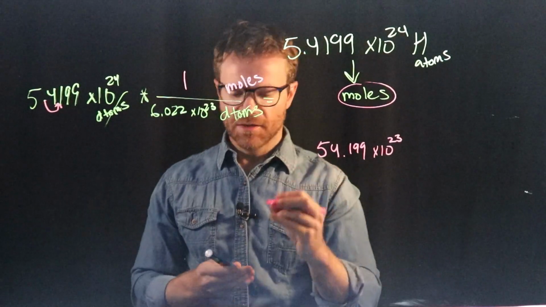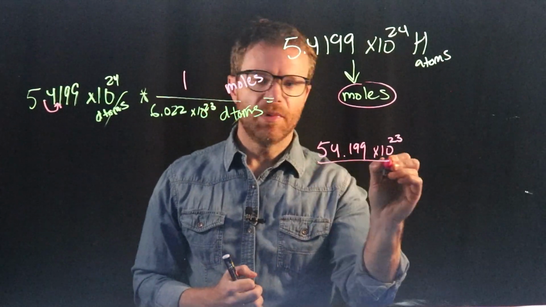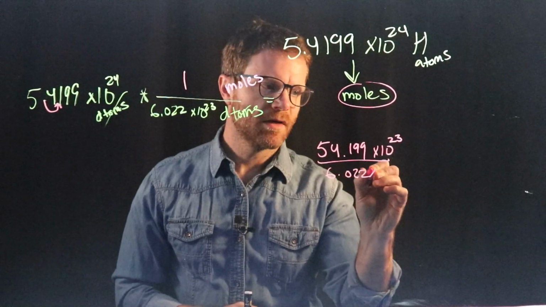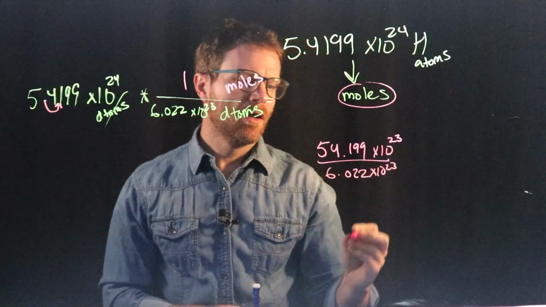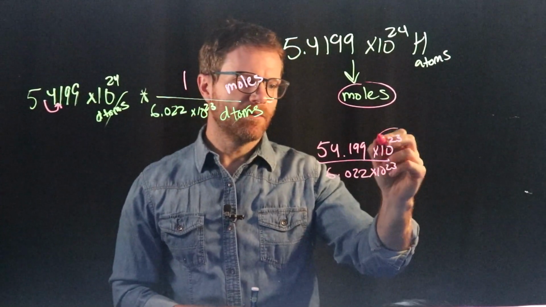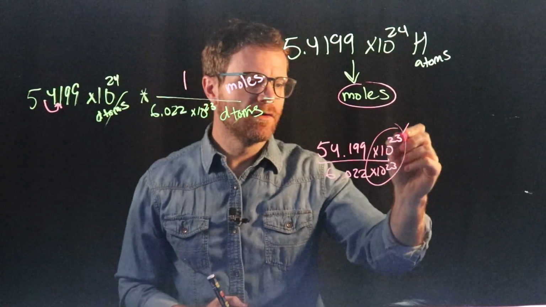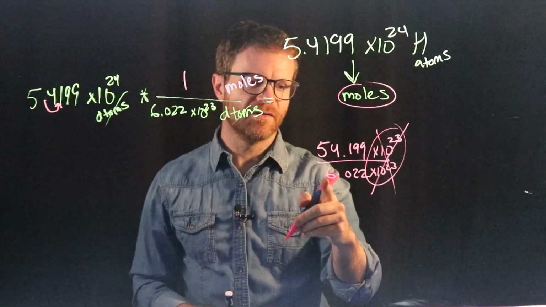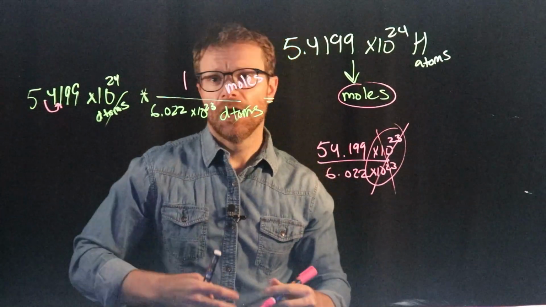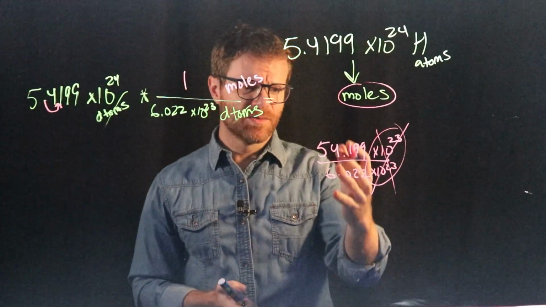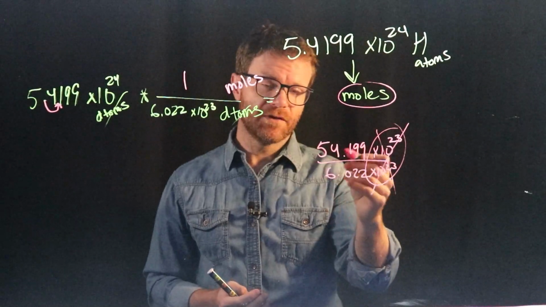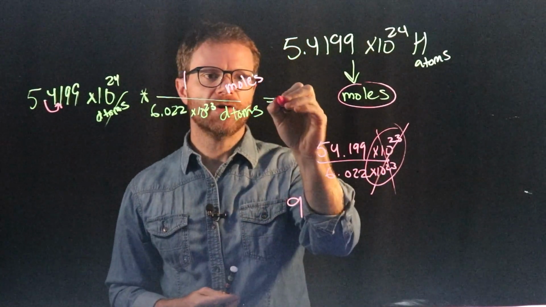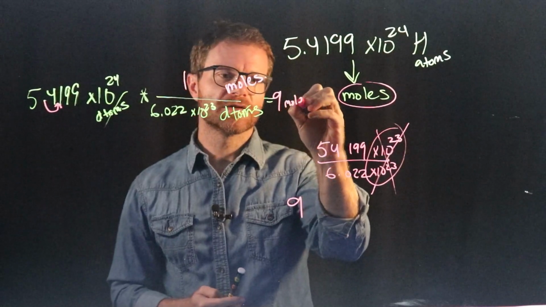Okay, times 10 to the 23rd divided by 6.022 times 10 to the 23rd. Well, these are exactly the same, so I can ignore them. I don't need to do anything with them. And it now just becomes 54.199 divided by 6.022. And I'm not sure exactly what that is, but it seems like it's roughly 54 divided by 6, which is 9. So my answer is roughly 9 moles.